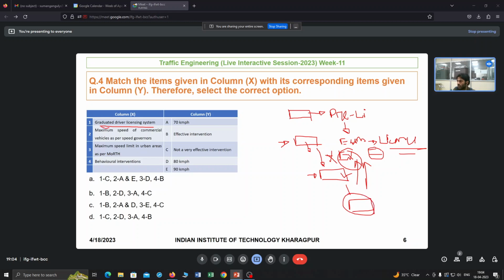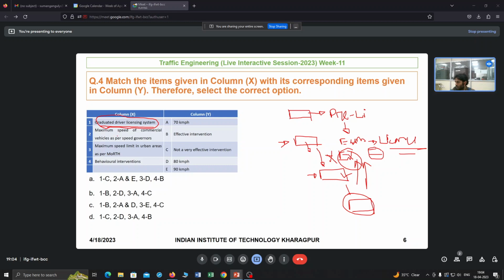That is called the graduated driver licensing system. It is proposed so that accidents due to incapable drivers can be reduced up to a certain extent.